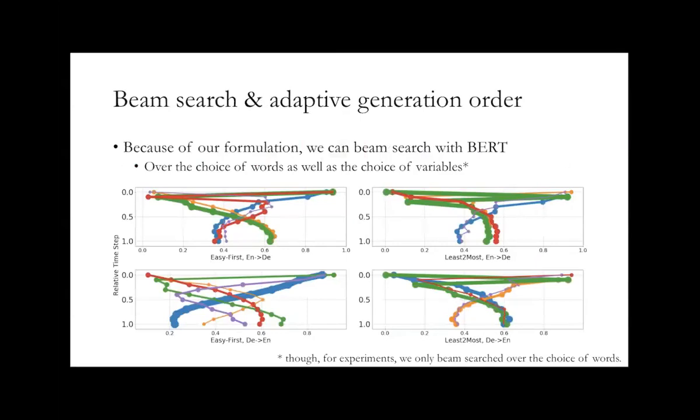So once you do this, you can do beam search with BERT using this coordinate selection procedure. And then what we see is that for each sentence, the order of generation changes. So we can build a coordinate selection distribution that makes BERT predict the easier one first. Then what we see is that for many of the sentences, the generation goes from right to left.